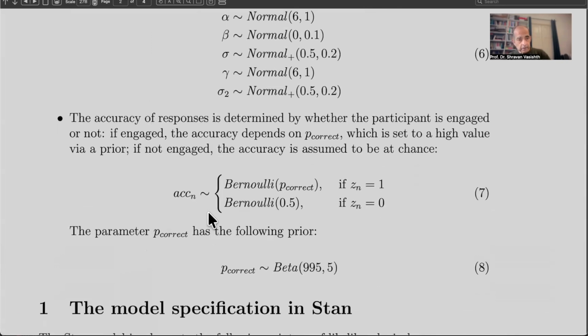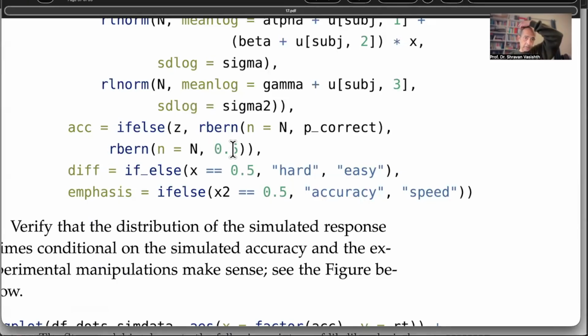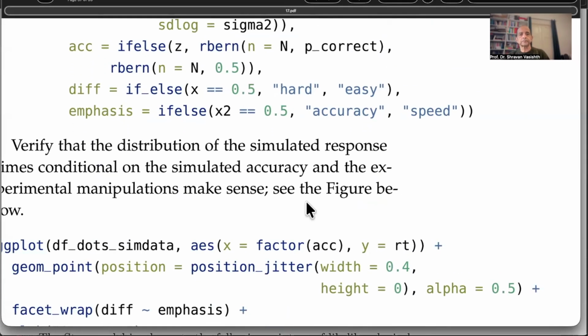So when you're not engaged, it's 0.5. Otherwise, it's the probability of correct, which is set to a very high value of 0.999 or something like that. So that's the accuracy column created, and then the difficulty column is created as hard and easy, and the emphasis instruction column is created as accuracy or speed.